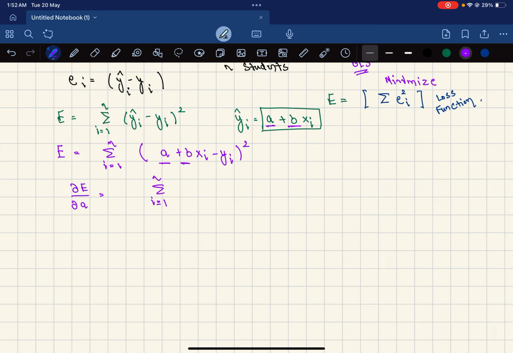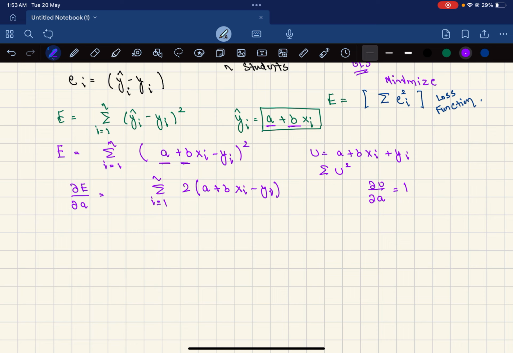So we use the substitution rule or the chain rule of differential calculus, and we assume u is equal to a plus b xi minus yi, and therefore we have summation of u square. Now the derivative of u square is 2u, so we can write it as 2 times a plus b xi minus yi, and the derivative of del u upon del a is 1. Therefore we are only left with this particular term.